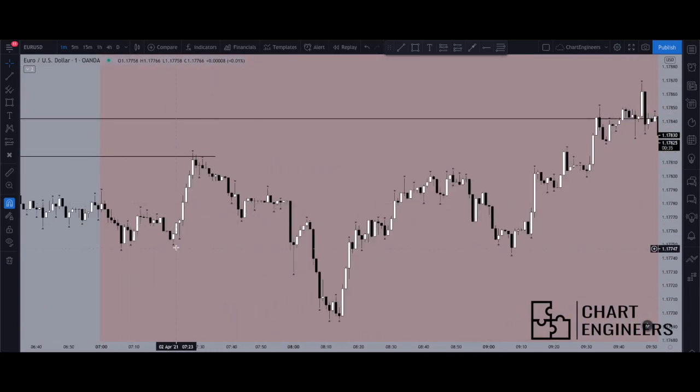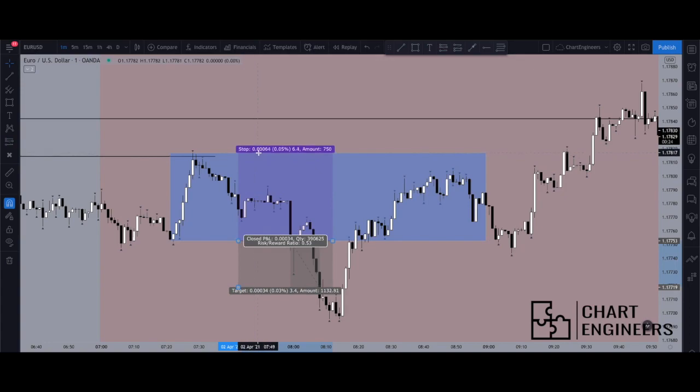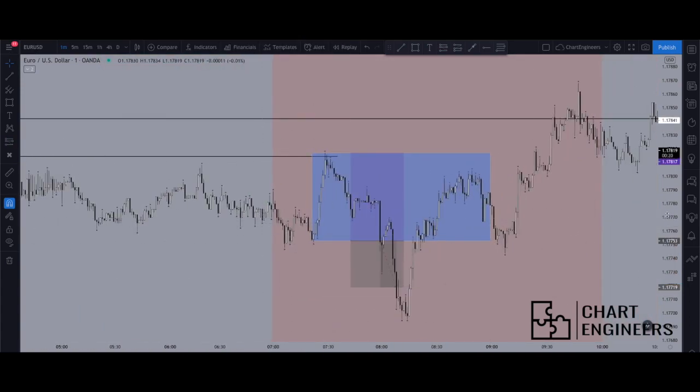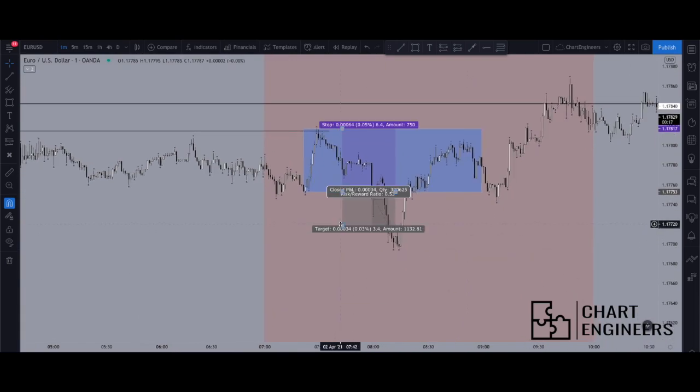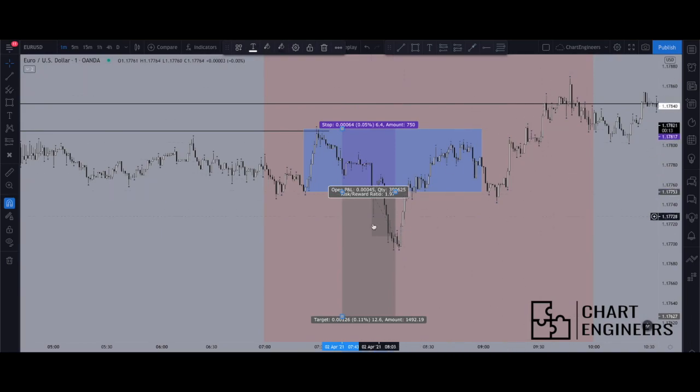And we see that price creates this breaker zone over here. So this breaker zone is 6.5 pips, and you see that price stops us out on this trade.